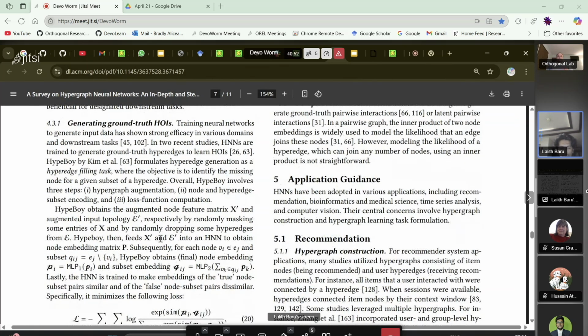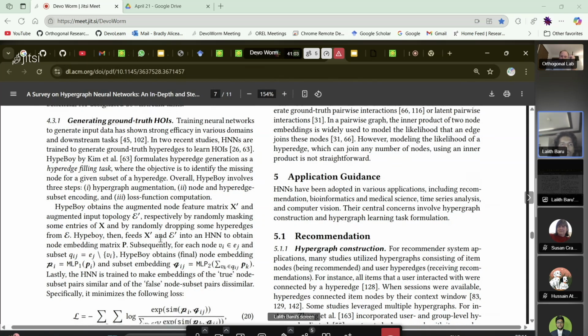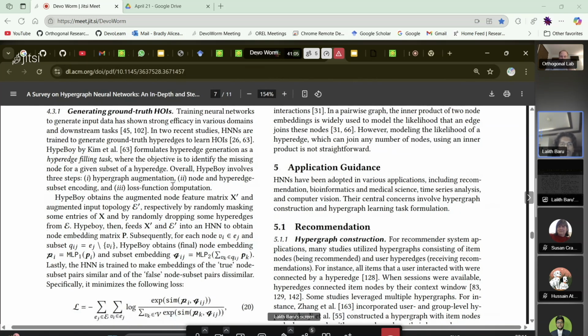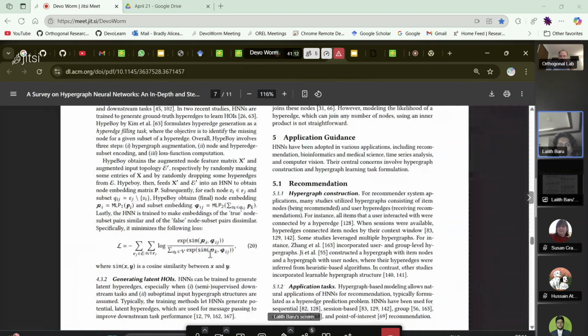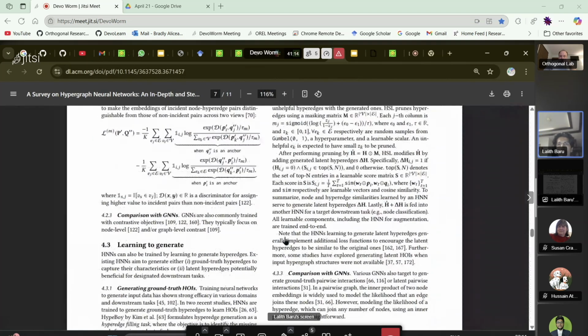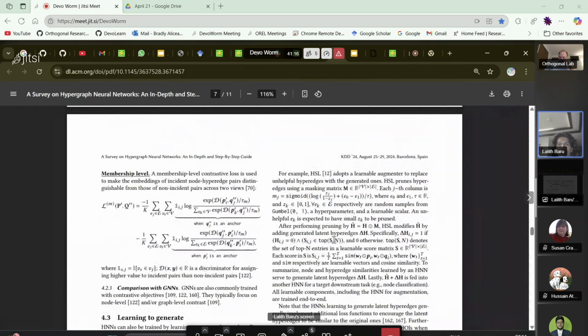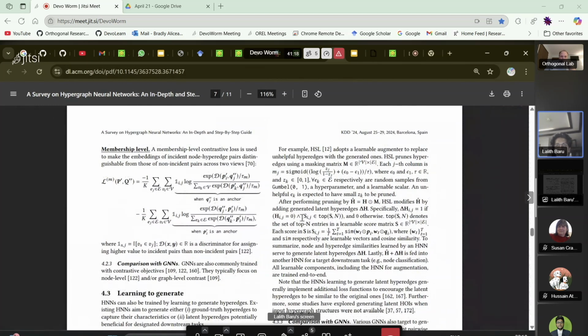We already know how the structure has to be, and when we predict in the future, it aligns with the ground truth that it has. The hypergraph augmentation, the node and hypergraph subset encoding, and the loss functions are similar to those before. It's a similar strategy that they encode, and there's no change that we see here.